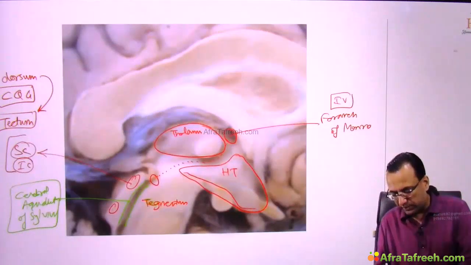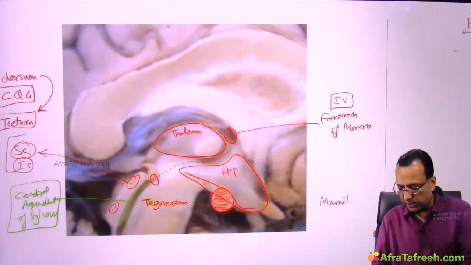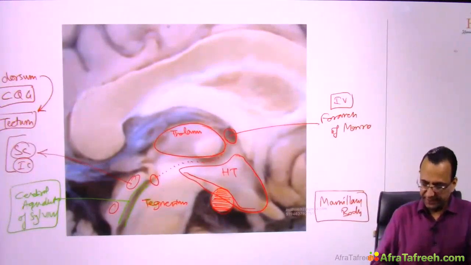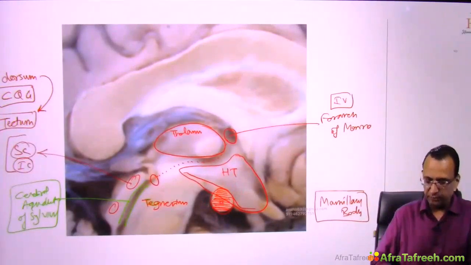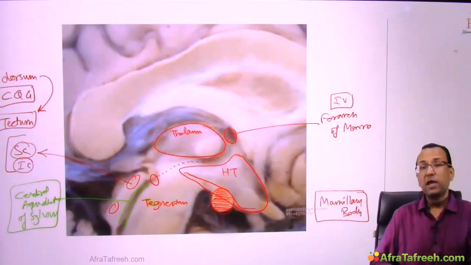At the floor, you can see mammillary body. This is the mammillary body. So this is the mammillary body, which is part of the hypothalamus, which is at the floor of the third ventricle.